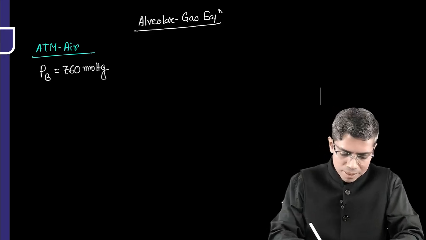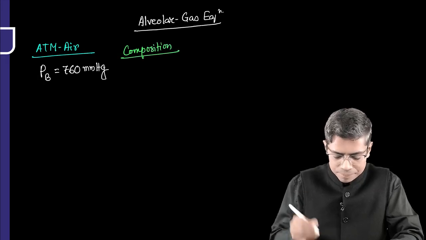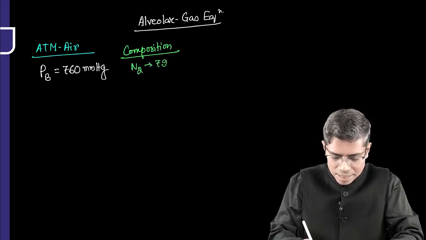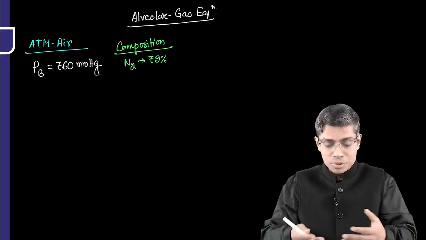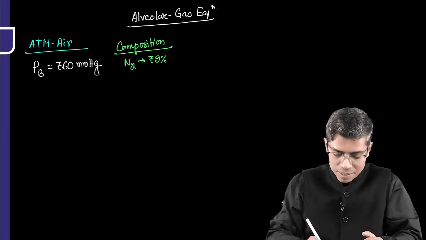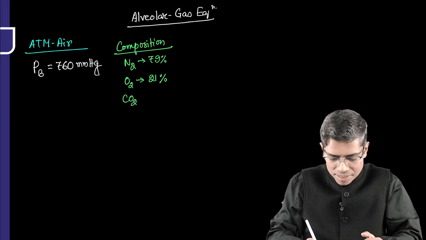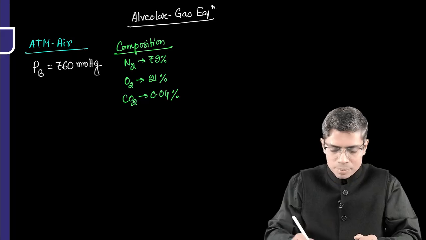Then we also know the composition of this atmospheric air: nitrogen is 79%, the maximum, so air is composed mainly of nitrogen. Oxygen, as all of you know, is 21%, and carbon dioxide is very little, 0.04%. What is the meaning of this percentage?